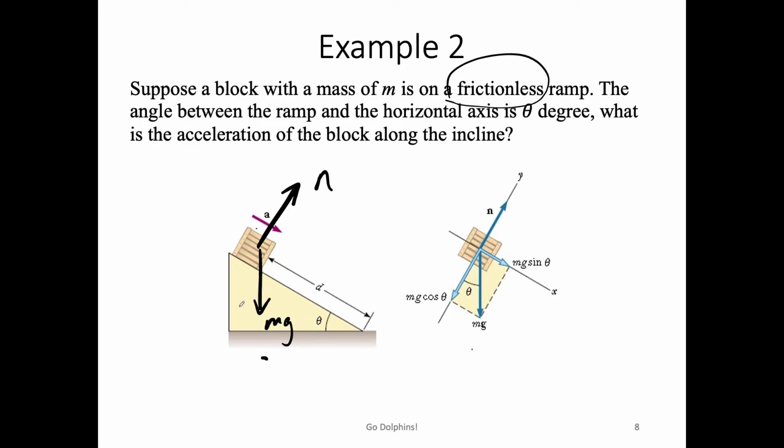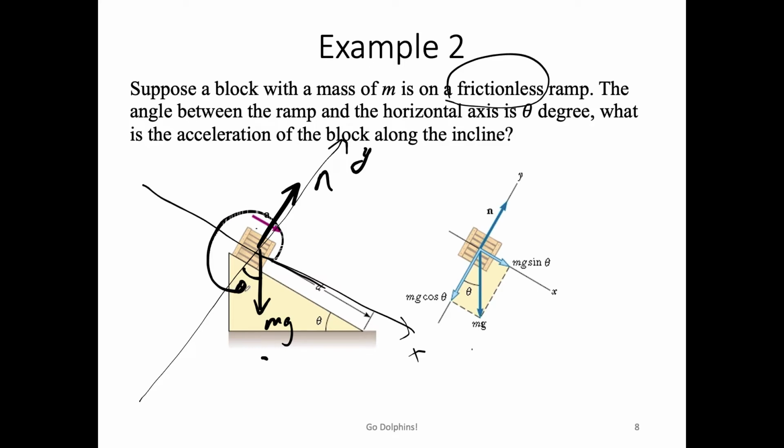For the mg, for the weight, this is our x, this is our y, and we have proved that this angle is theta. So we know the mg as a vector has angle 270 degrees plus theta.